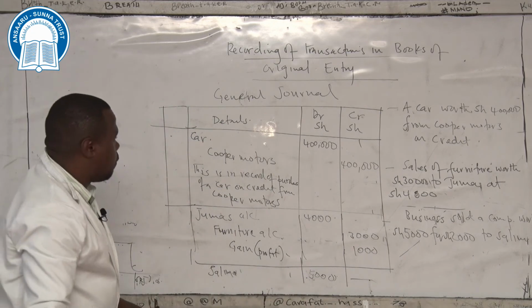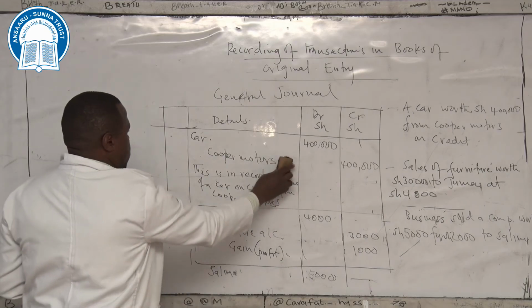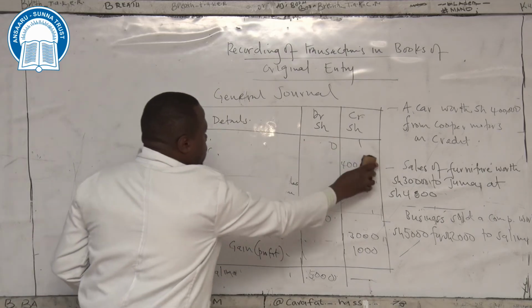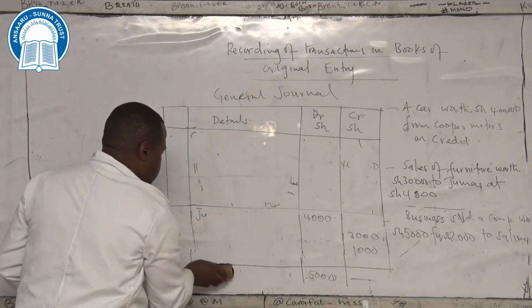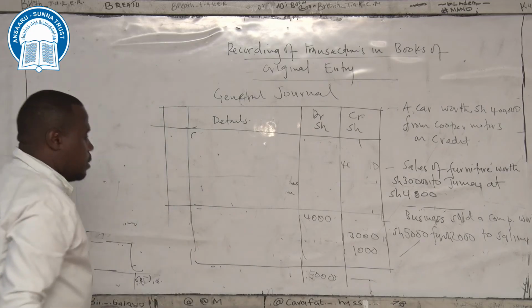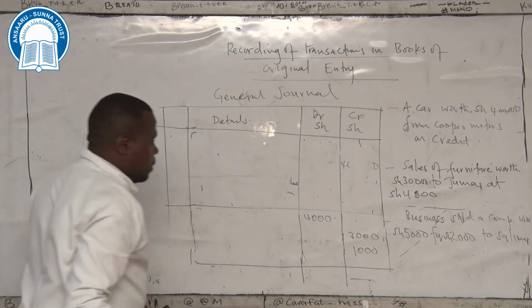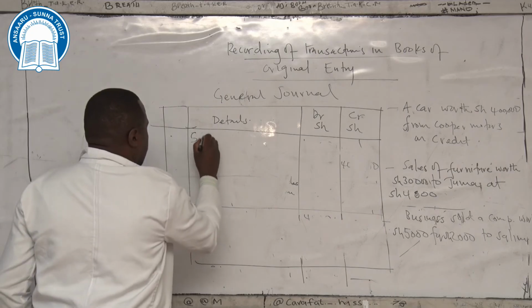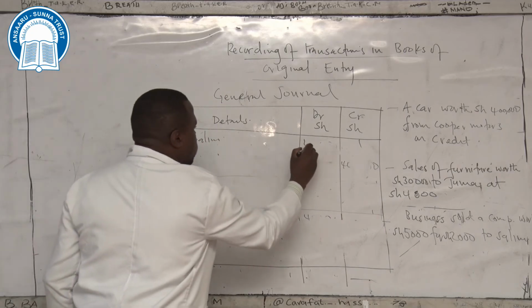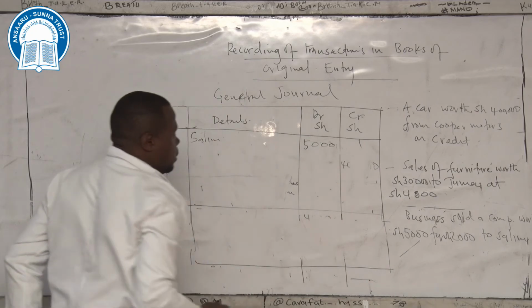Then if I have to record it here, let me just wrap this one here so that I record it in a clear place. So Salim will get the total value of the computer, 5,000.